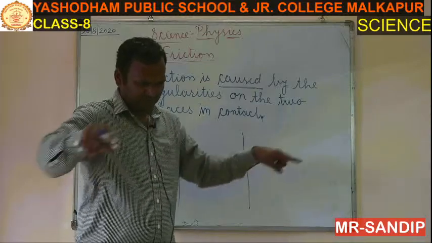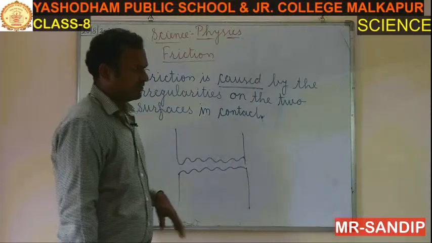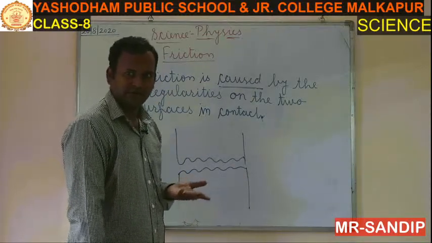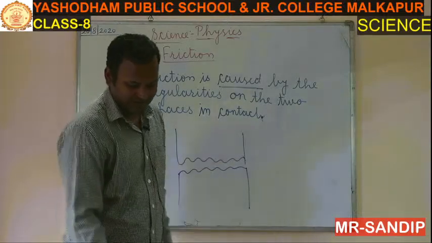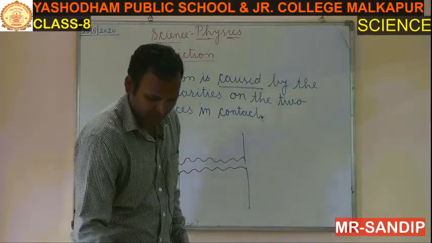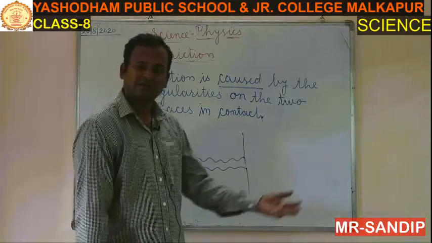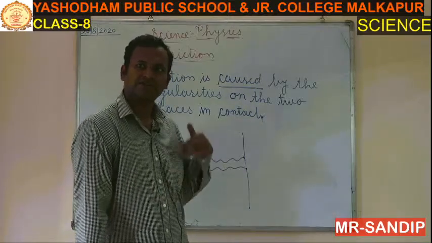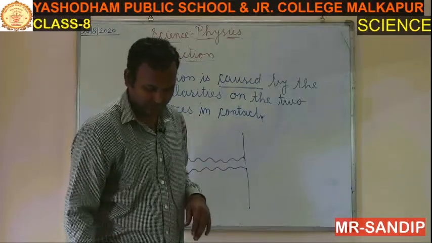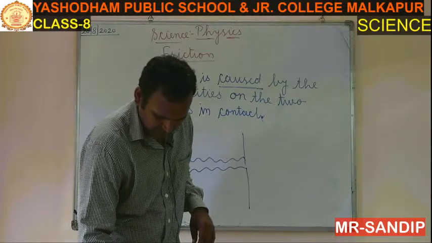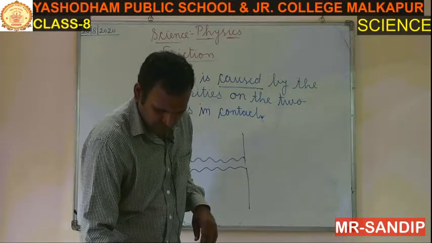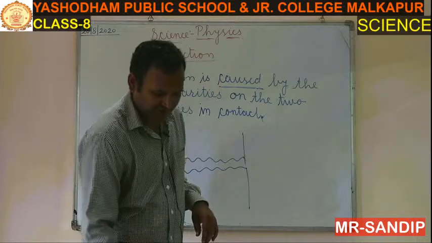Generally when you are playing, you do these activities. But suppose another person is seated on it, then what will happen? It is very, very difficult to pull it out because friction will increase in that case. Okay, these are the two causes for the friction.